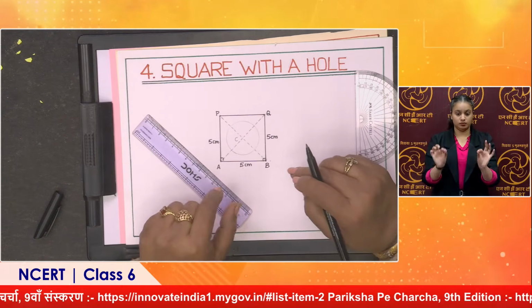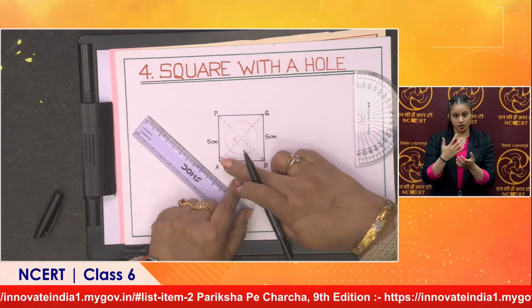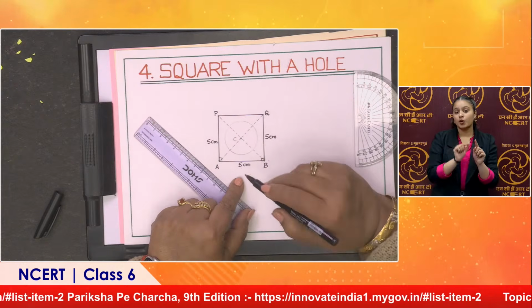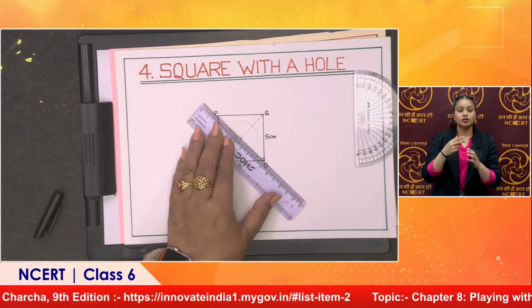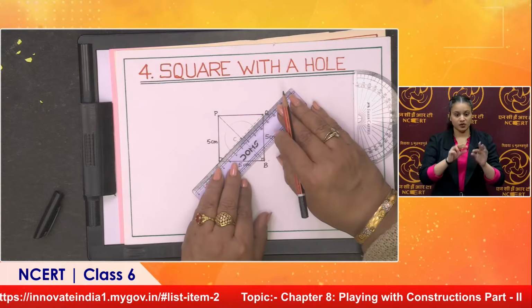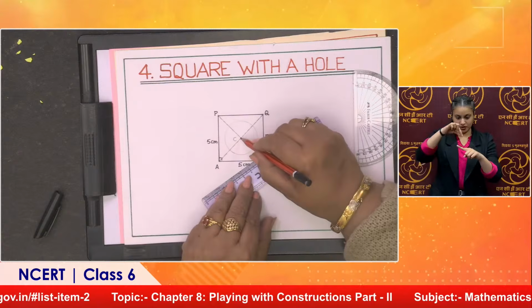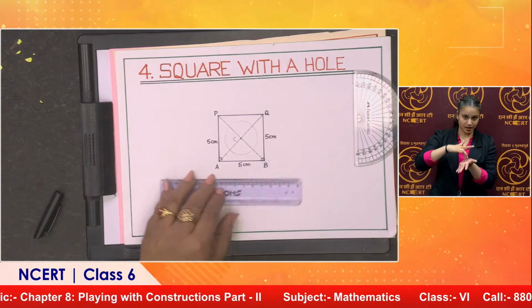Now, to make a hole exactly in the center, I mean the center of the square should be the same as the center of the circle. For that, what I should do, Renuji, I will draw the diagonals. You can see, if I draw the diagonals, the point of intersection will give me the center of the square and I can use that center as the center for the circle.